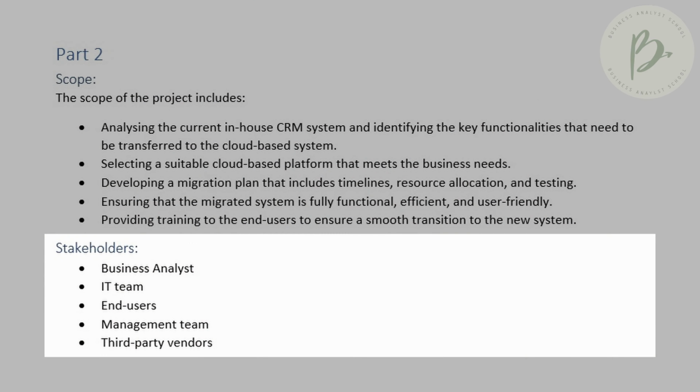But anyway, for the purpose of our project, our stakeholders are the business analyst, the IT team, because for the current system, certain members such as the admin are the ones who really know what our current system does, and certain other technical bits of the system.